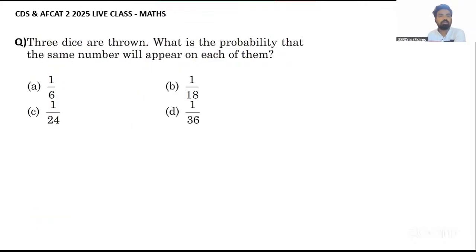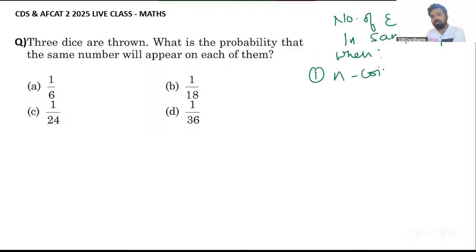Next, 3 dice are thrown. Okay, let me write a formula for the number of elements in sample space. This is the formula. You need not calculate every time. When n coins are tossed, the number of elements in the sample space will be 2 raised to power n.